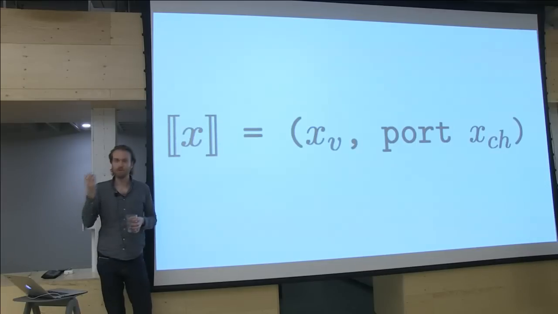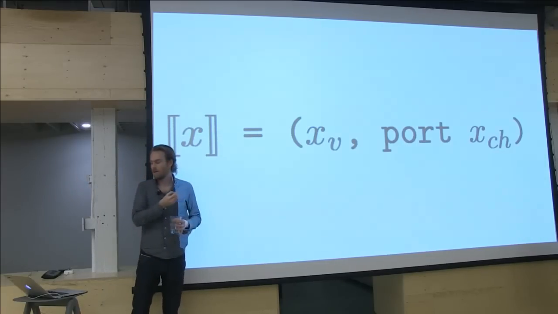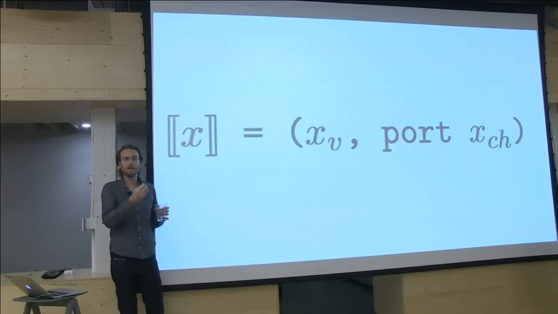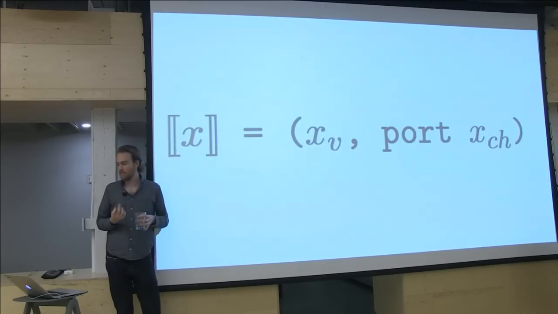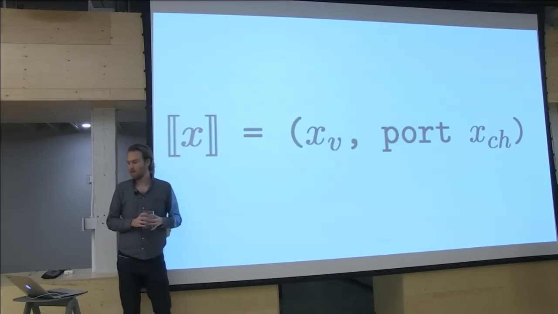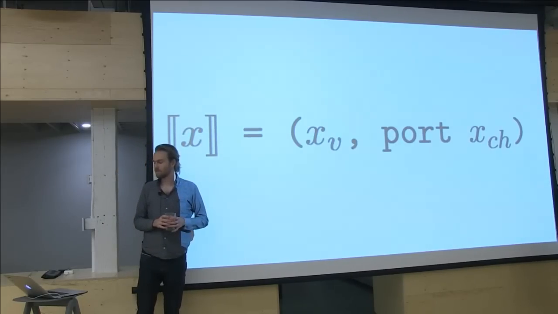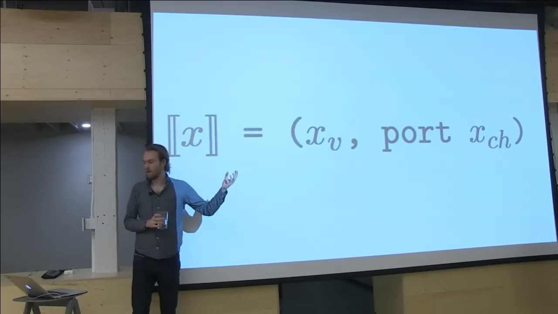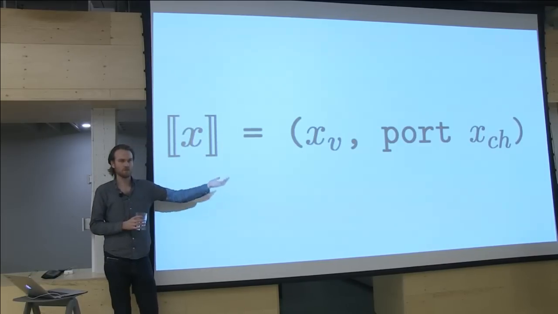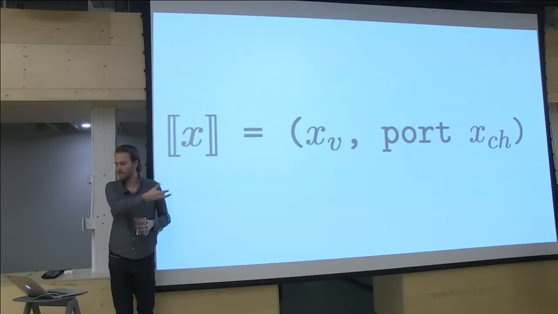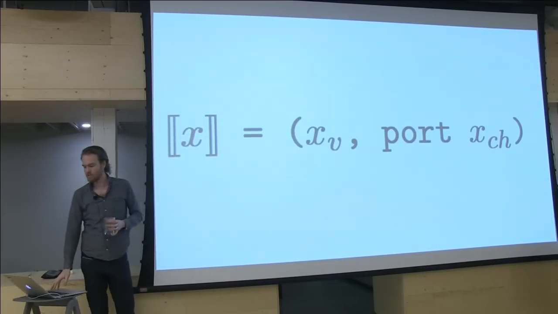The first thing in the pair is going to be the initial value of a signal, and the second thing in the pair is going to be a port, like we just saw with that function port. So it's going to be something that you can receive from.